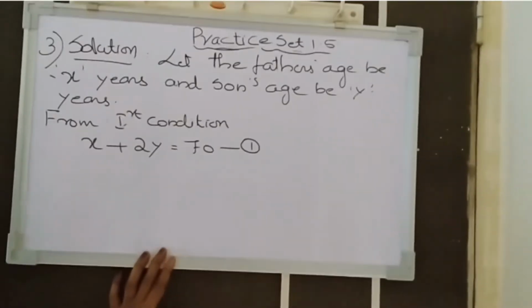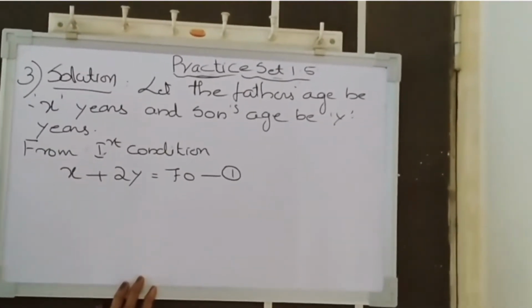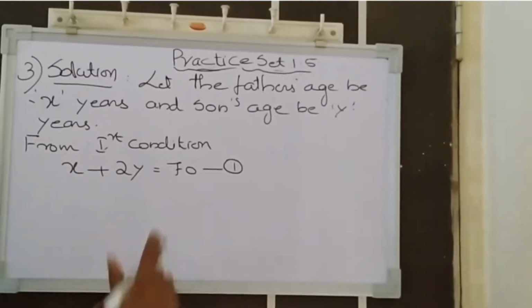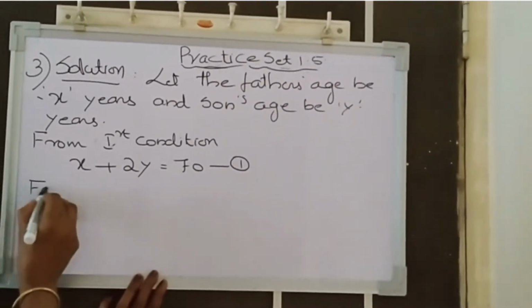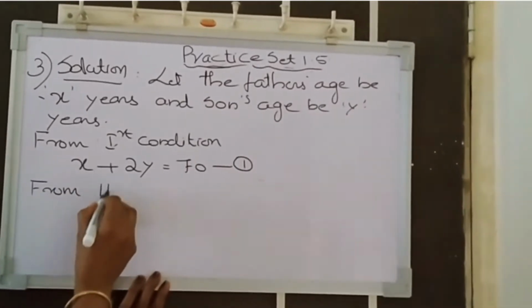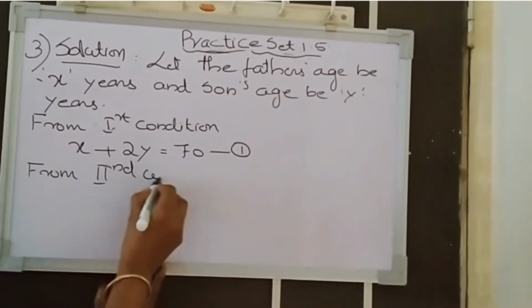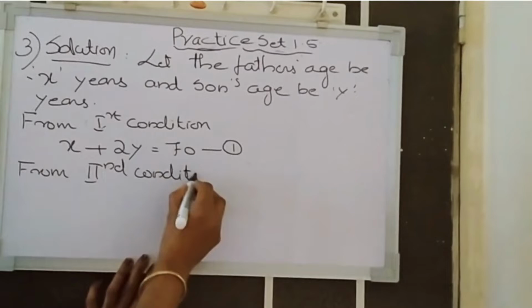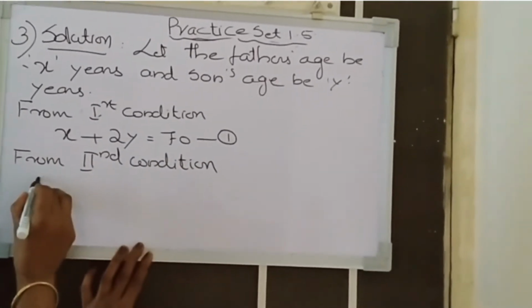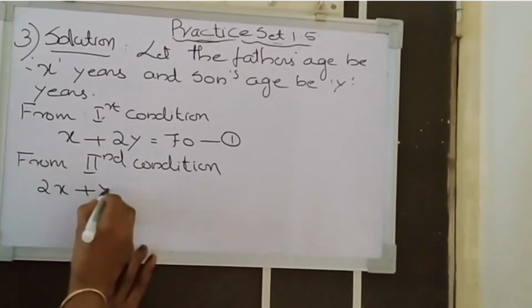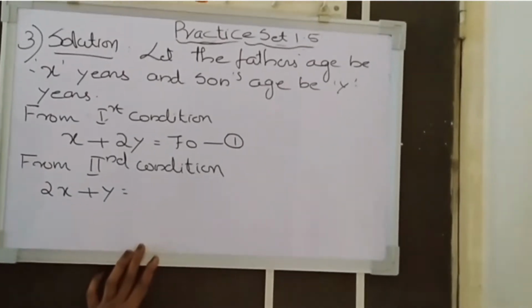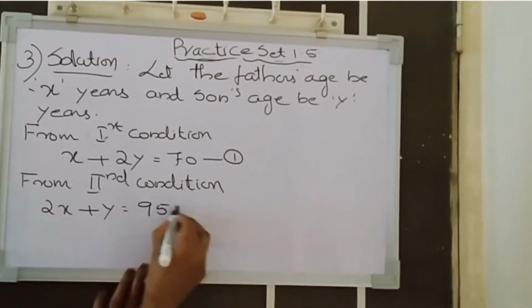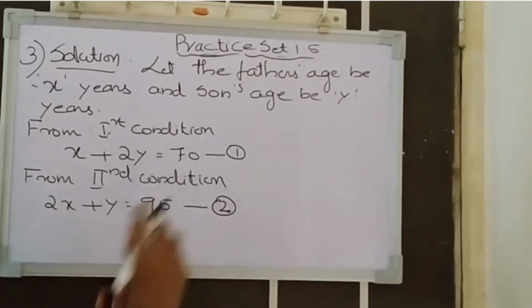And second condition, double the age of father and his son equals 95. This is equation number 2.